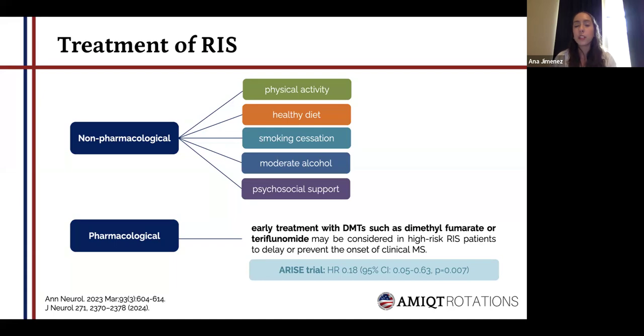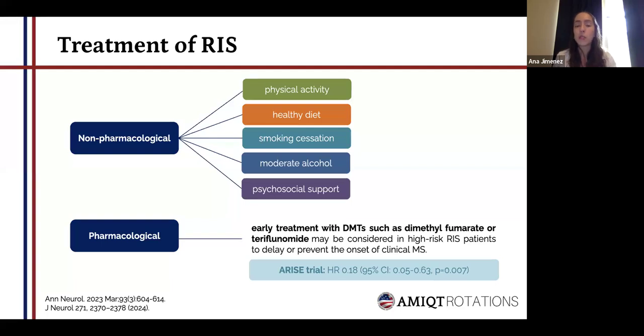So the ARISE trial specifically evaluated dimethyl fumarate in patients with RIS and compared it with placebo over a period of 96 weeks, and it was shown that it actually delayed the onset of clinical MS with a hazard ratio of 0.18.